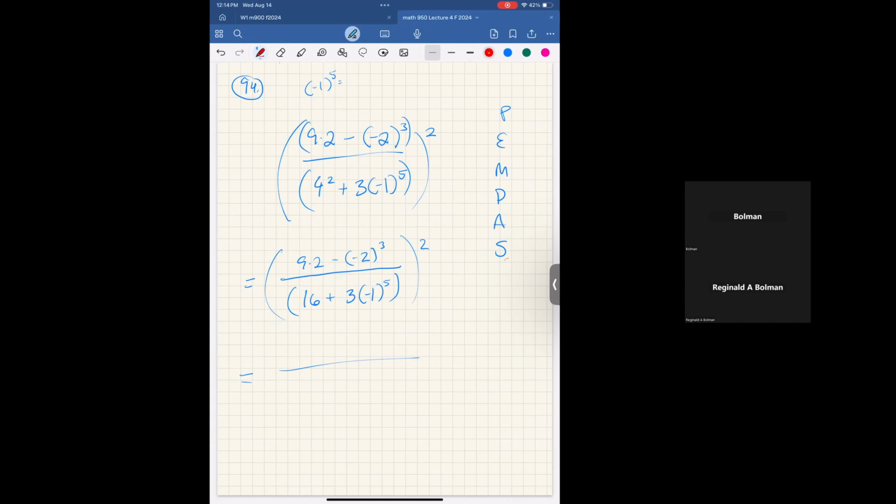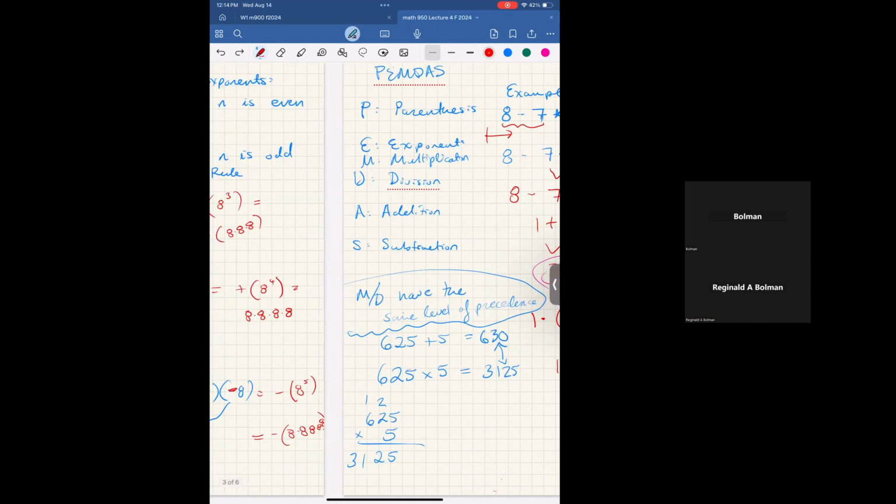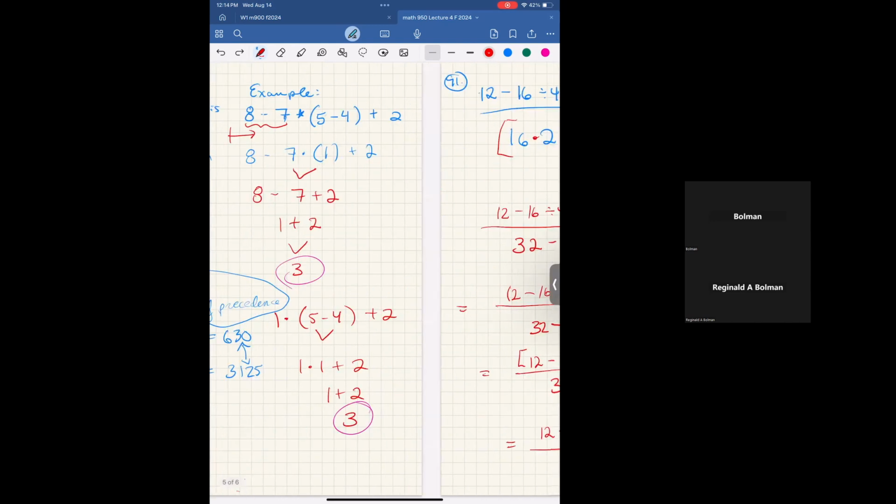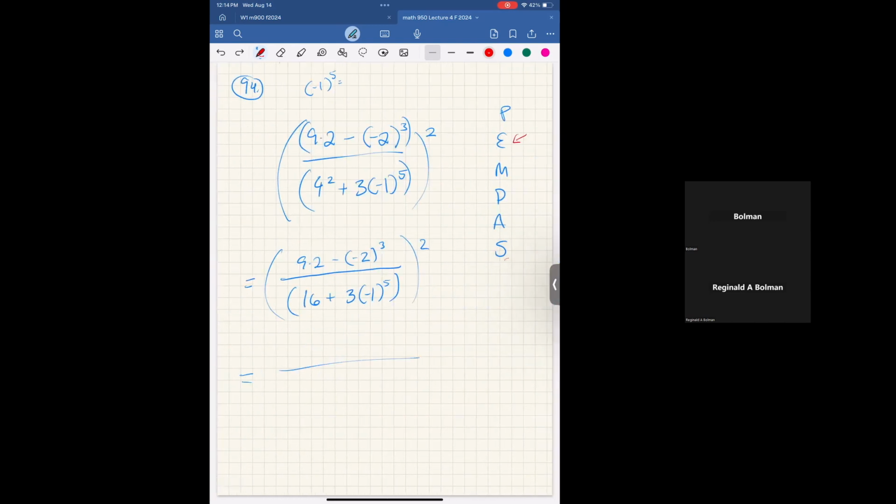We've got 16 plus 3 times -1 raised to the 5th power. I don't see anything apart from that exponent that's going to cause us trouble, so let's do -1 raised to the 5th power. If you remember your negative exponent rule, because we are taking the -1 and raising it to the 5th power, we know that's going to be -1.